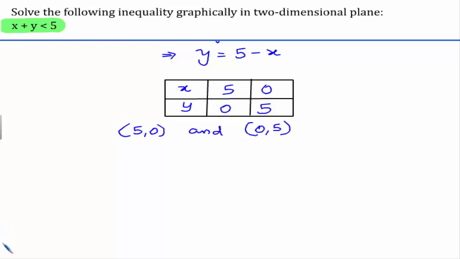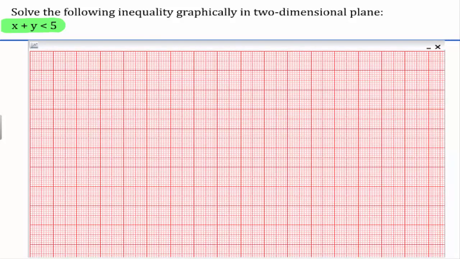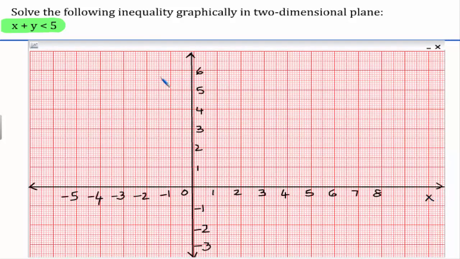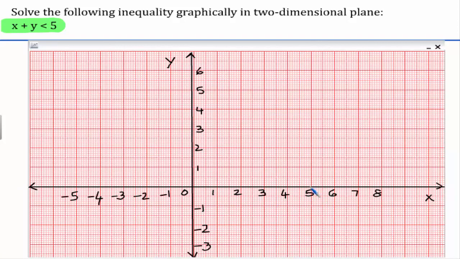Now using these two ordered pairs, let us try to draw the graph. In this system, here is the x-axis and this is the y-axis. Now let us try to plot the points. (5, 0) will be on the x-axis and (0, 5) will be on the y-axis.